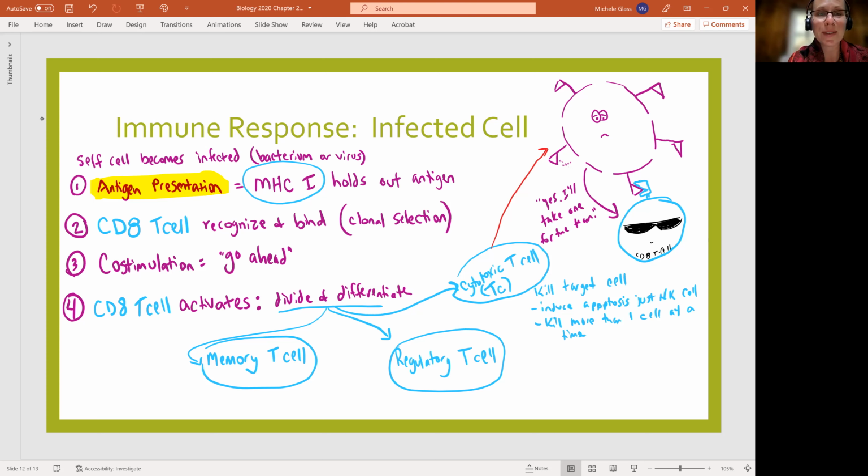If you poke a bunch of holes in a cell, the insides leak out and that's bad. Or we can talk about those other chemicals going into the cell in order to digest it from the inside. And so ultimately we see that this cell will die. We see that other infected cells will die. And so the cytotoxic T cell is this really good cell that's toxic to cells. It's going to go around, find those that are infected with this particular antigen and destroy them.